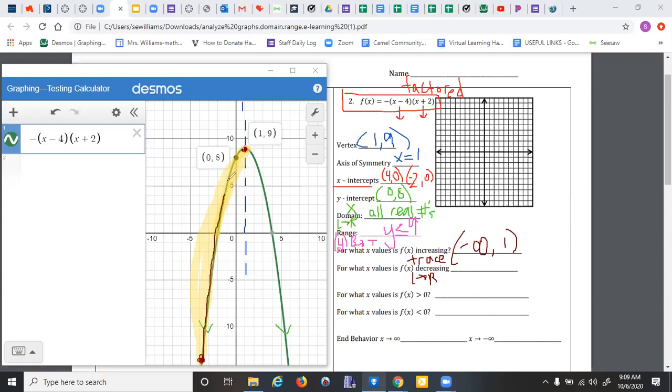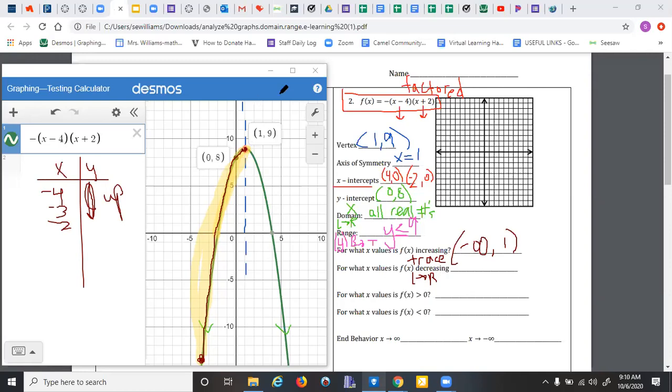It's going up, okay? If you were to look at a table of values for this one, -4, -3, -2, these numbers would be going up. All right, it's increasing.